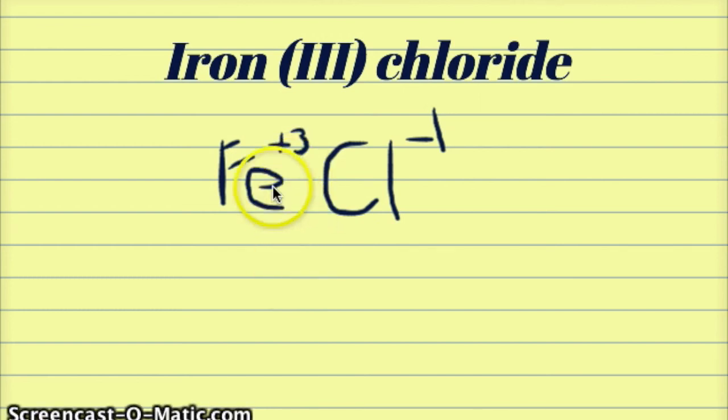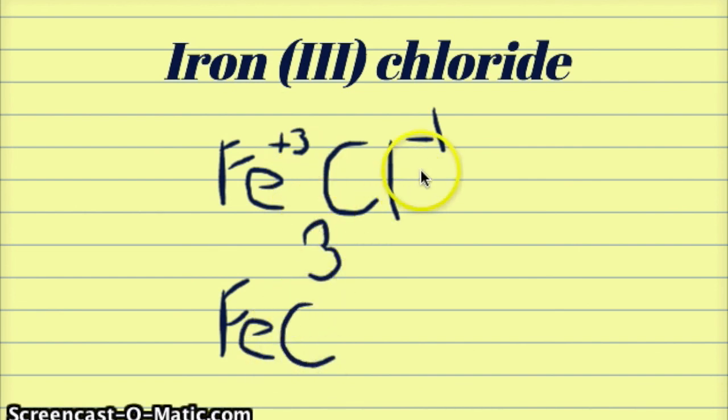So we will find a common denominator, and it will be 3 in this case. So Fe, 3 divided by 3 equals 1. 1 into 3 equals 3.